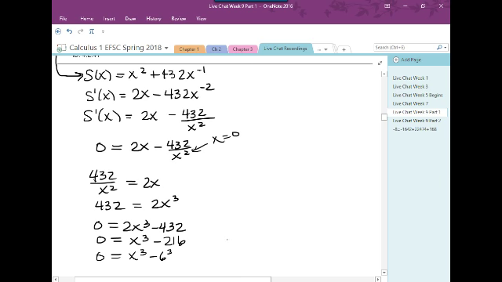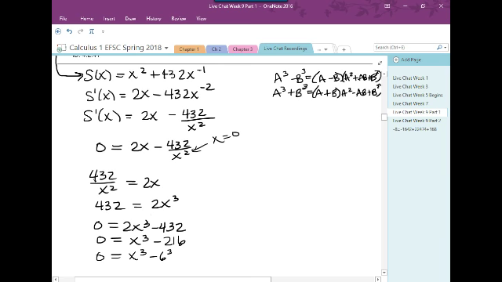And I don't know if you recall, but to factor a difference of cubes, a cubed minus b cubed factors into a minus b times a squared plus ab plus b squared. Okay, and a cubed plus b cubed, by the way, factors into a plus b times a squared minus ab plus b squared.